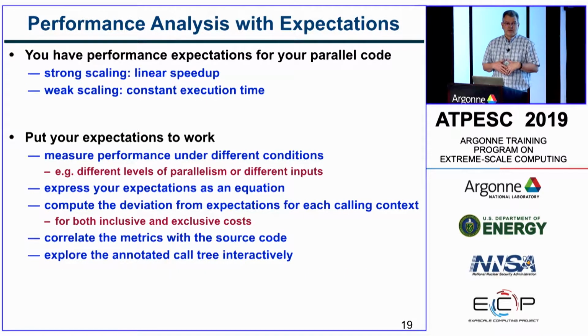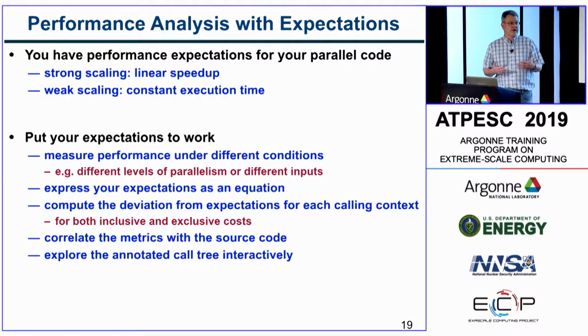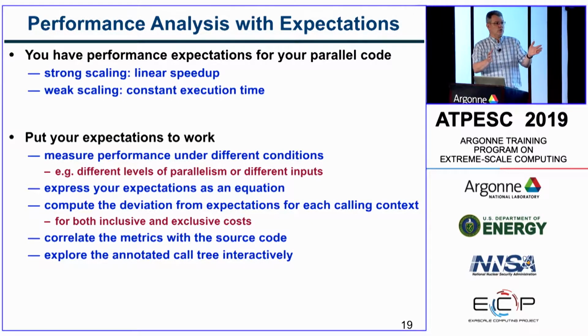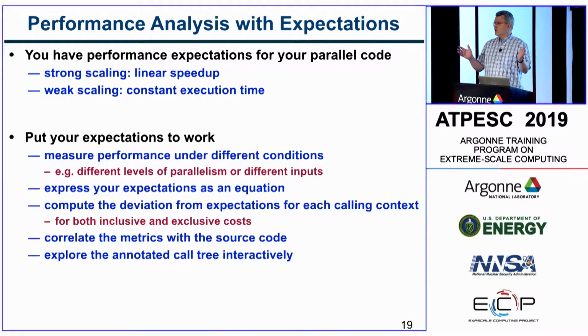So our methodology for performance analysis for tracking down these kinds of scalability bottlenecks is we rely on you. You have some expectations for your code. If you take the same size problem and run it on twice as many processors, typically you want it to be twice as fast. Or if you run it on twice as many processors but you double the problem size, then you would expect the same amount of work per processor, and it should take about the same time.